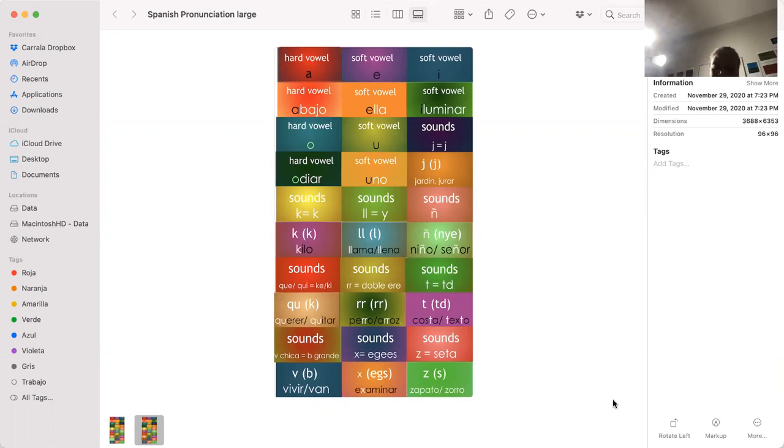Then you have the K sound, as in kilo. It's always that sound. That sound never changes. It's a hard sound. The LL sounds like our Y, as in llama and llena. And the eñe, as in niño and señor.